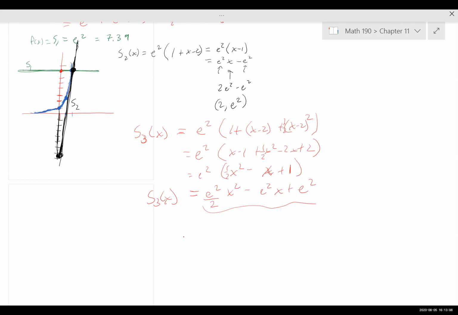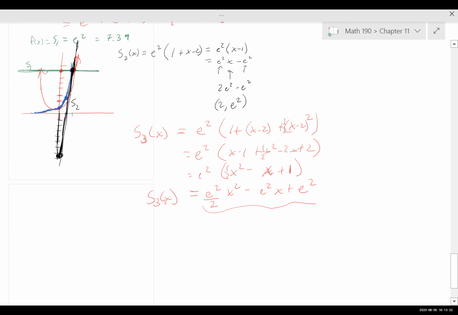Real quick. The more terms that I increase, the better a polynomial representation that we're going to get of this thing. We should get this to get hugged like this.